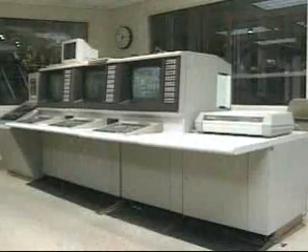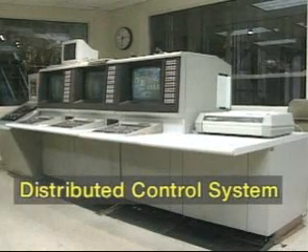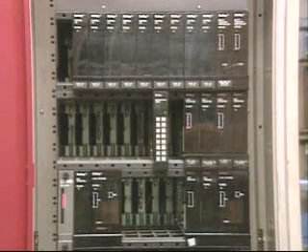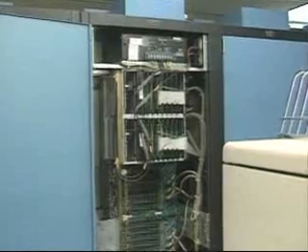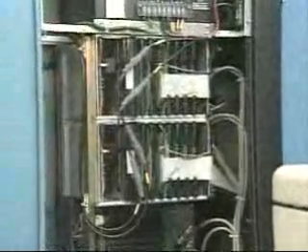A second type of process unit digital control system is called a distributed control system, or DCS. A distributed control system is a system in which control of a process is divided among and coordinated between various control units. A DCS uses numerous digital controllers to control different parts of a process.